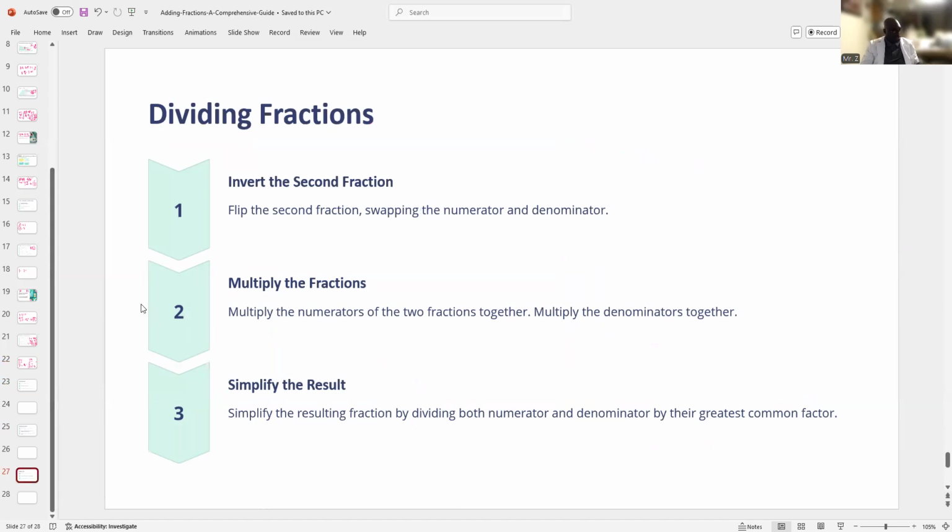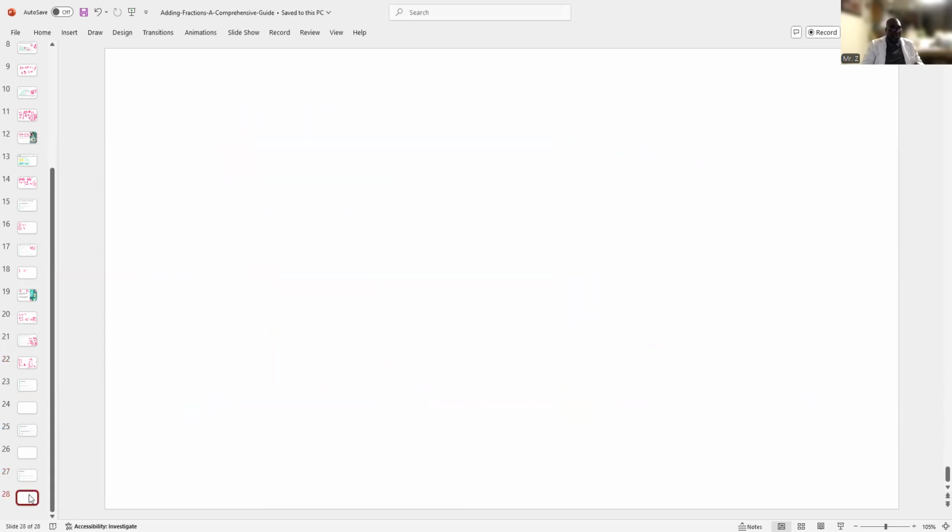I think we have covered some basics regarding what you need to know about fractions: adding, multiplying, subtracting, and stuff like that. All right, let's do some exercise.